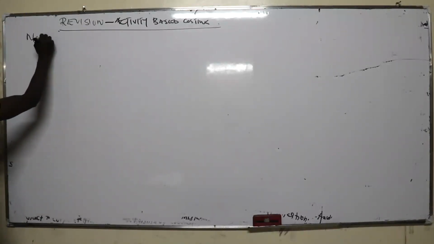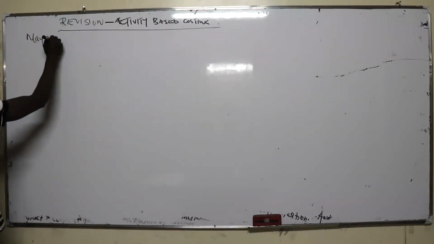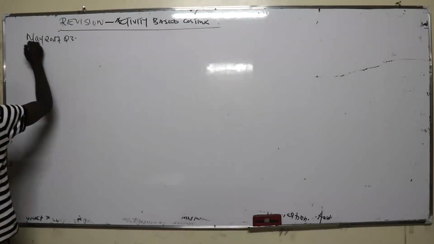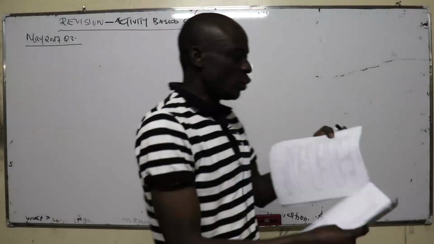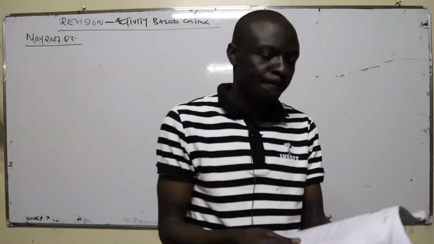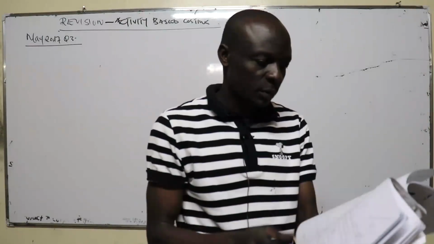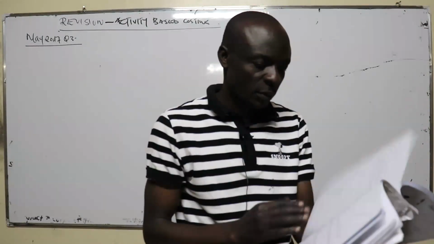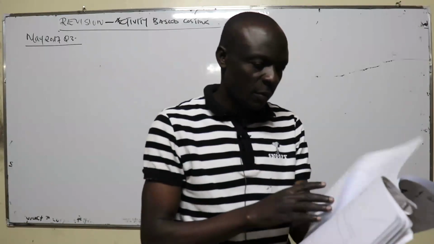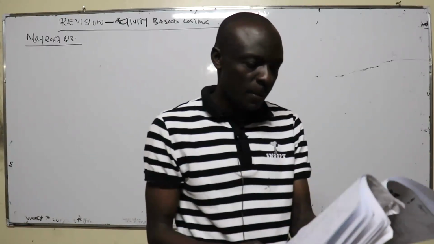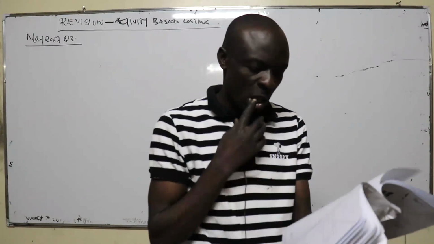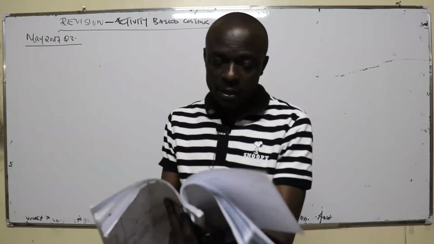May 2017, sorry, 2017, question number 3. This is the first question we're going to do on activity-based costing. May 2017, question number 3.